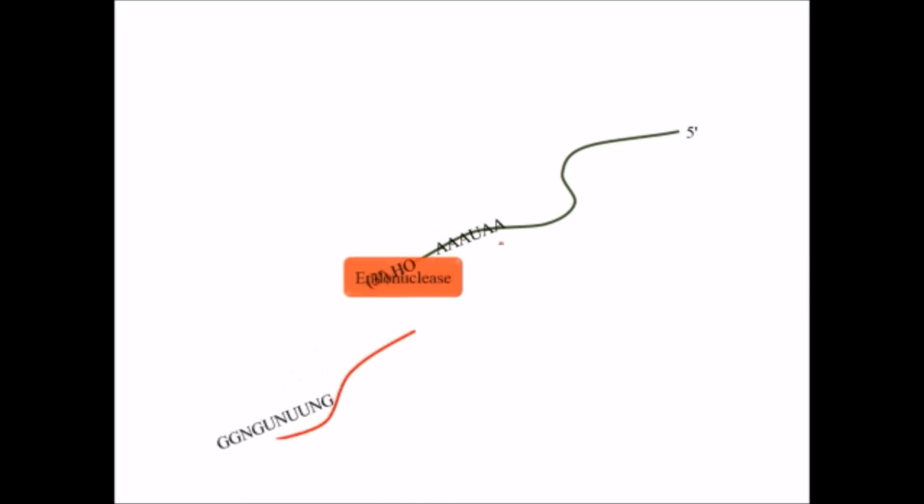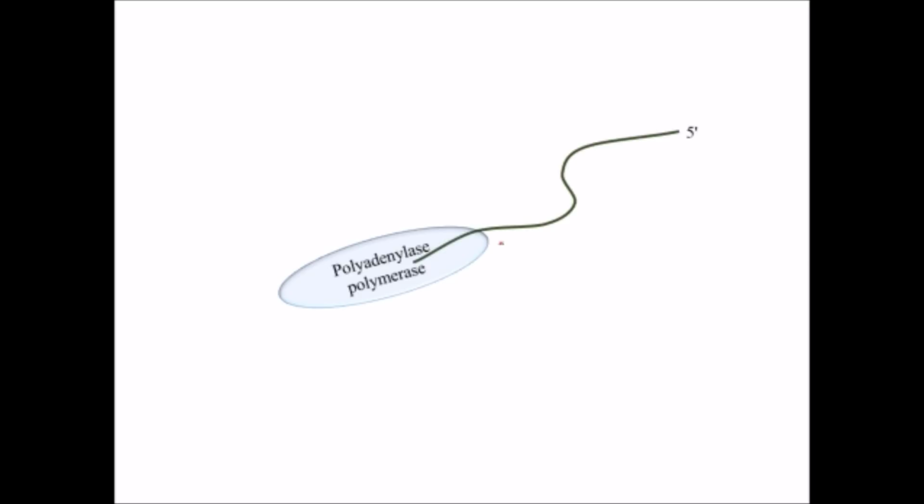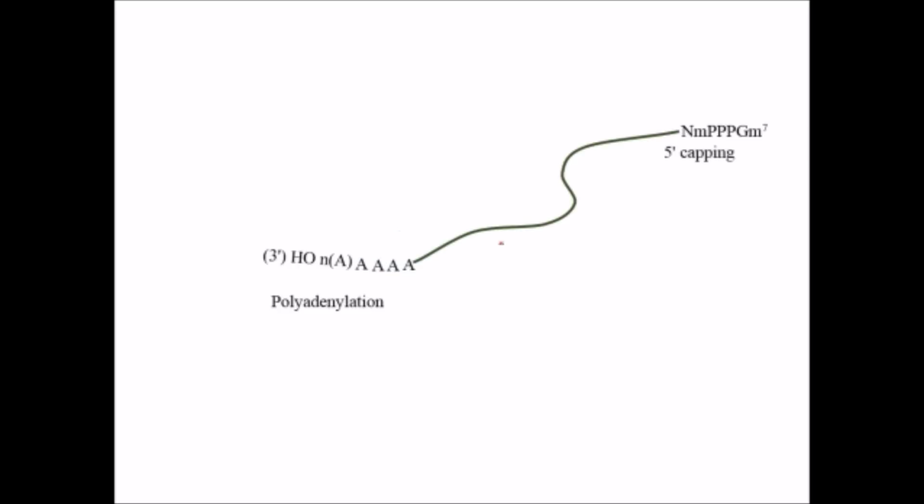After that, with the help of endonuclease activity, a hydroxyl is exposed, and with the help of the enzyme poly-A polymerase, ATP is converted into the AMP form to get the 3' end polyadenylated. And now we have the matured RNA.